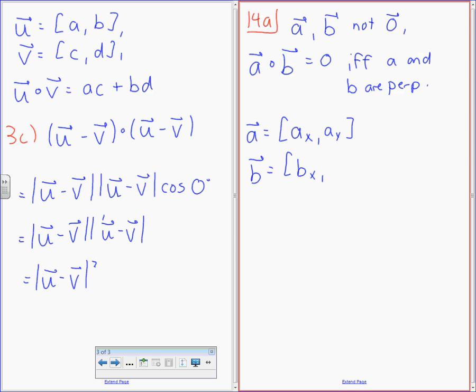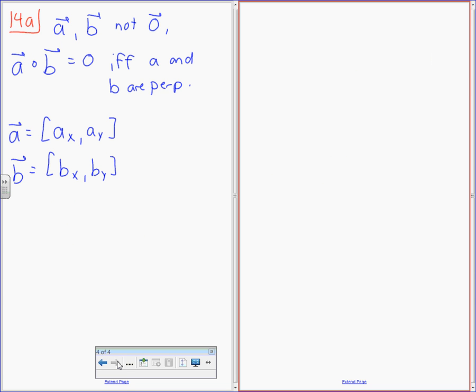Vector b is going to be (bx, by). Okay, so we want to dot them. If you do a dot b, what's a dot b equal to, please? So ax bx plus ay by. Okay, that's what those two equal.